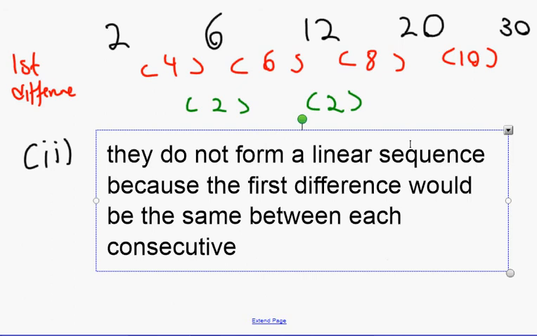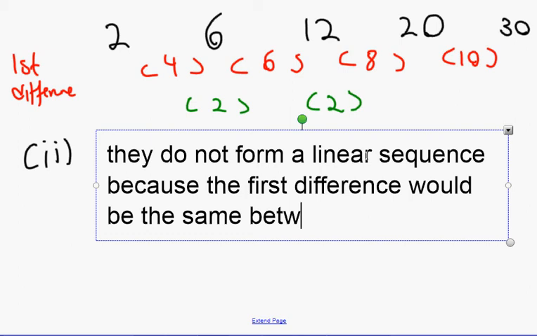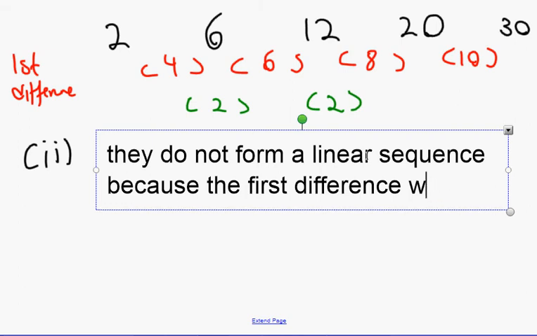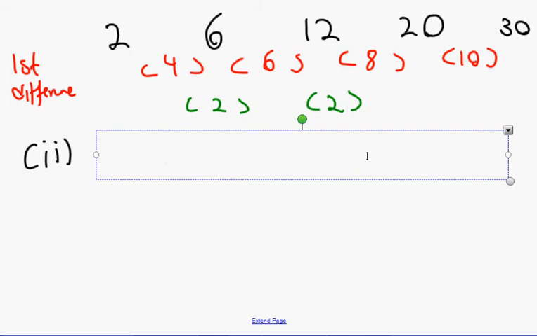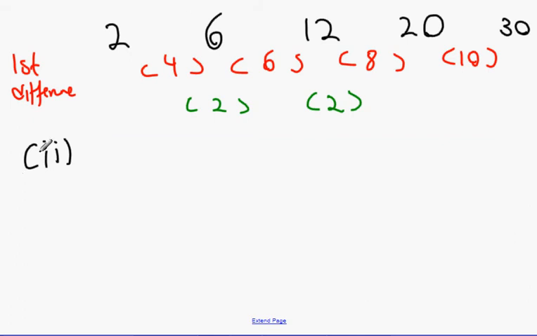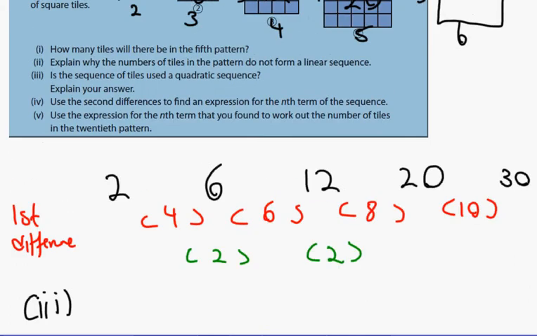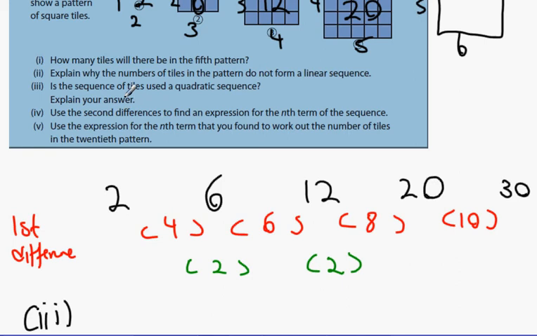Now, what about the next part? We can get rid of that now. What's part 3 read, lads? Part 3: is the sequence of tiles a quadratic sequence?